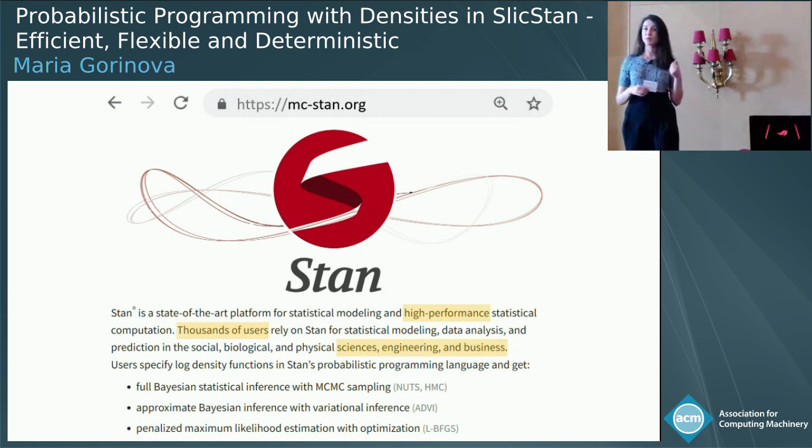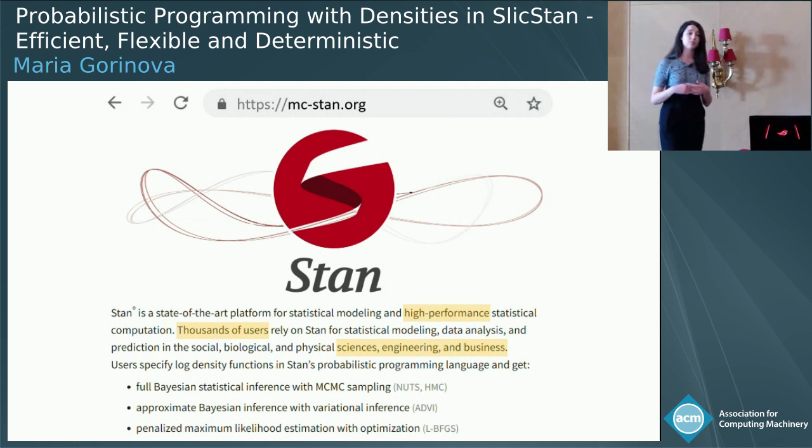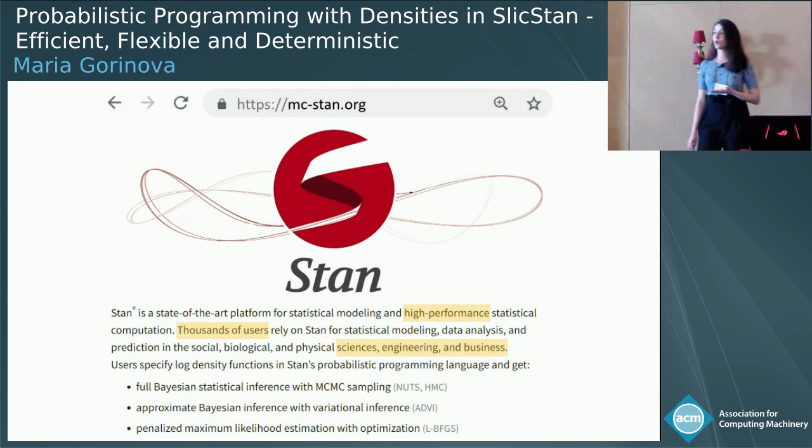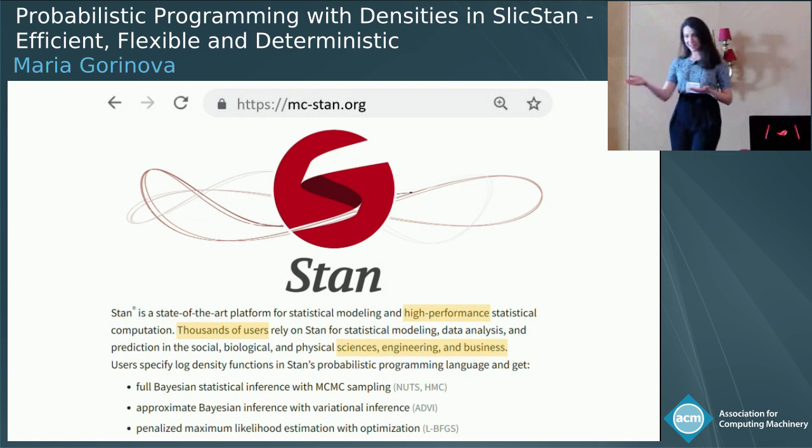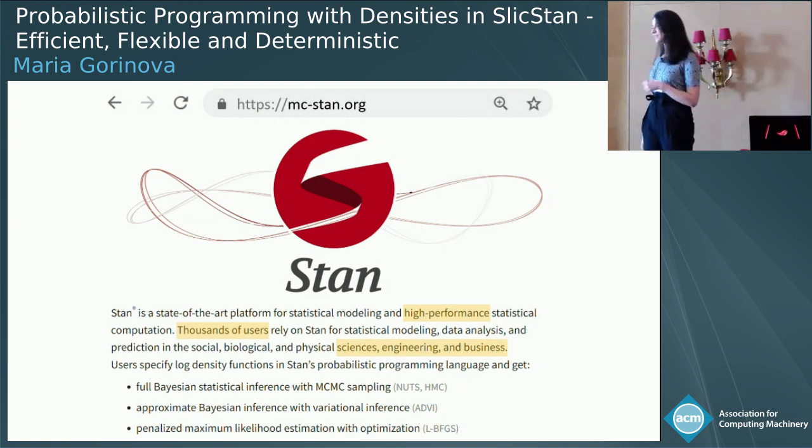In fact, probabilistic models appear so often in the statistics community that the community started developing its own probabilistic tools.